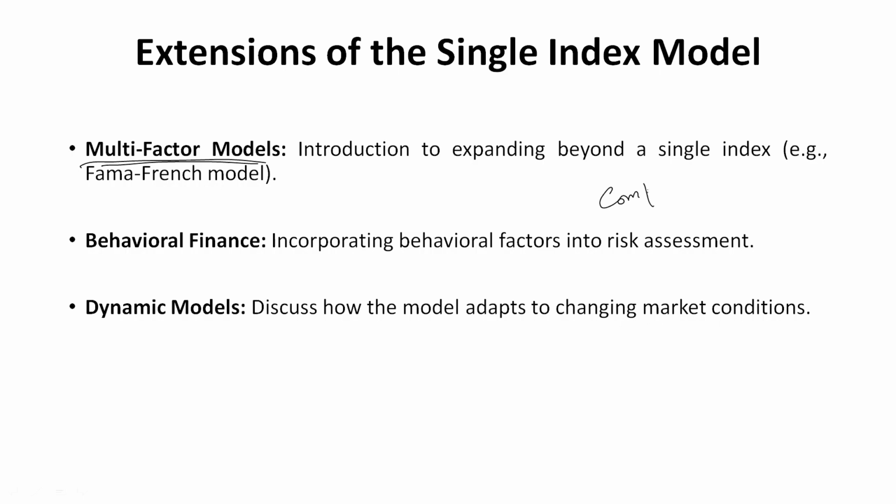If I integrate all these three models together, I can construct a complex model which can give me a better result than a single factor model, a CAPM model, or a Fama French model individually. So I can have combinations of various factors.